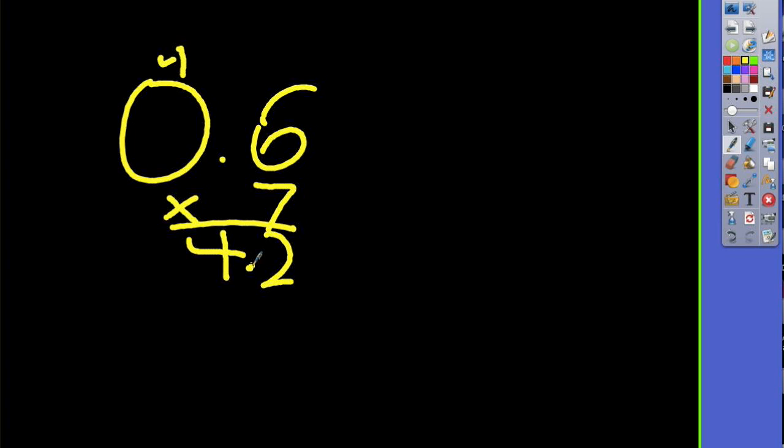Okay, so first you have to take 6/10 times 7, because there's 7 days in a week. 6 times 7 is 42. Carry the 4. And 0 times 7 is 0 plus 4 is 4. And it equals this answer. So now we have to take 0.35 times 5.